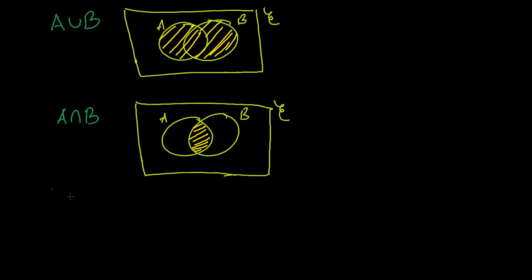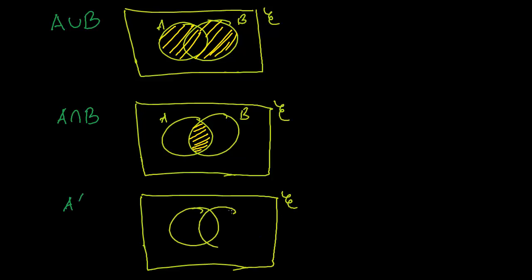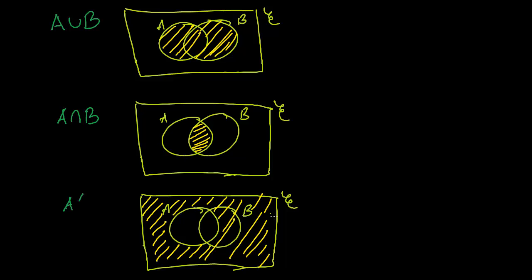Next we can show A prime, a complement set. It doesn't matter whether we have one set or two sets. Even if you have two sets, we can show by shading the region that is A prime, which means outside the set A. A prime means not A. So that set would be everything in the universal set except for A. So A is removed from the universal set.